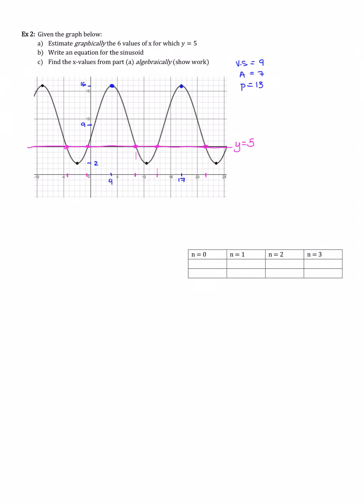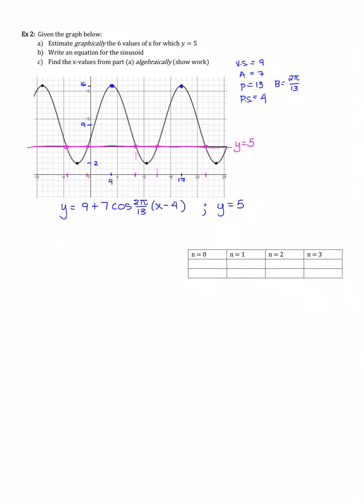So the period is 13, which means my b value will be 2 pi over 13. My phase shift is I'm starting at 4. So my equation is y equals 9 plus 7 cosine of 2 pi over 13 times (x minus 4). And we're trying to see where that intersects with the line y equals 5.